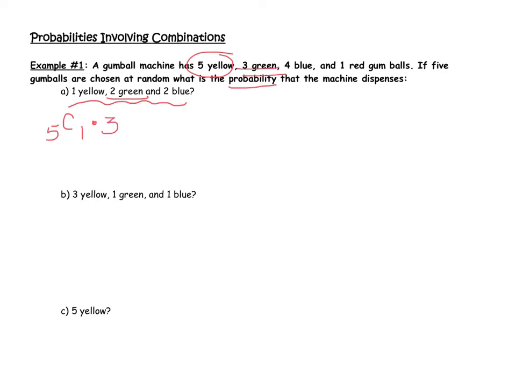So 3C2 times blue, 4 blue. So 4C2. So this expression on top is all of your possibilities. And I need to divide it by how many ways I can choose those 5 gumballs. So there's a total of 13 gumballs, and I want to choose groups of 5.